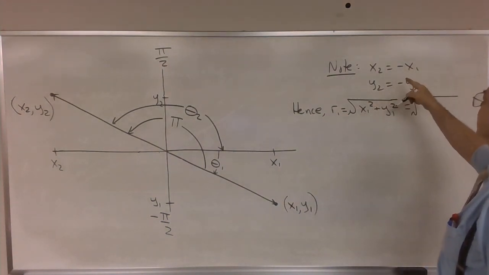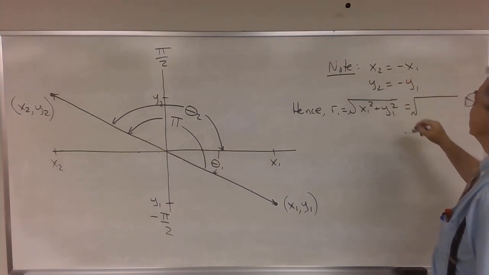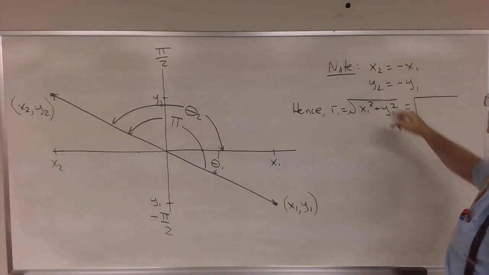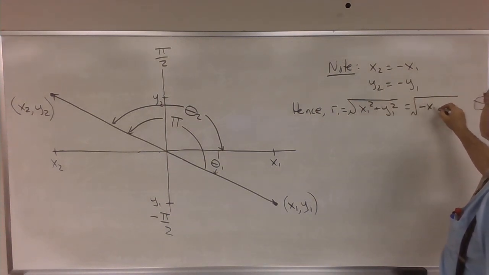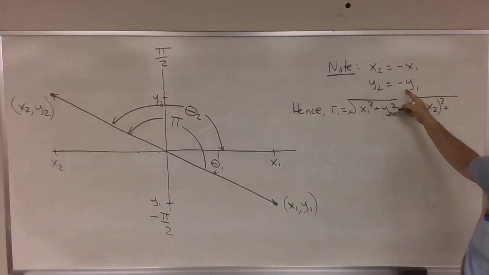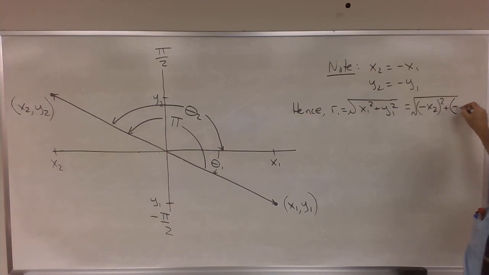See, x2 is just negative x1, or x1 is negative x2, and y1 is negative y2.